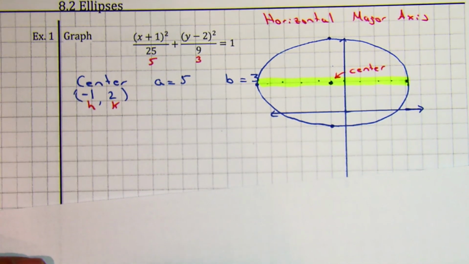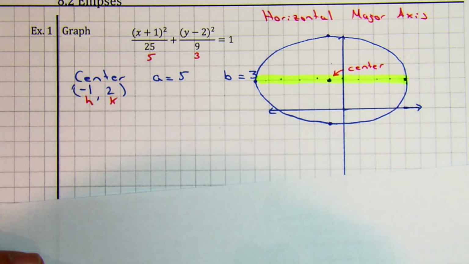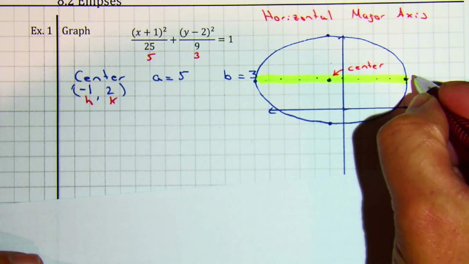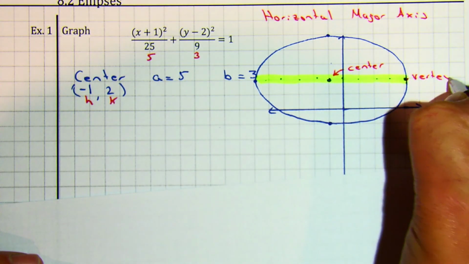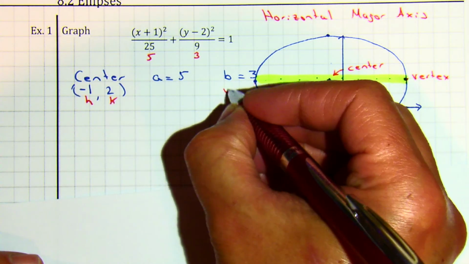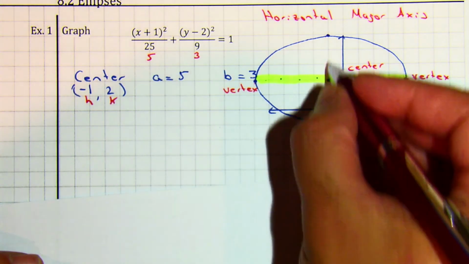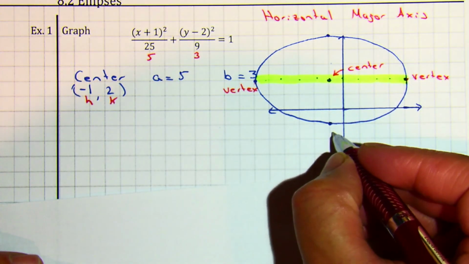So therefore, your vertices will be on your major axis. So this is my vertex, and this is my other vertex. So there are 2 vertices. That means that my minor axis will contain my co-vertices.